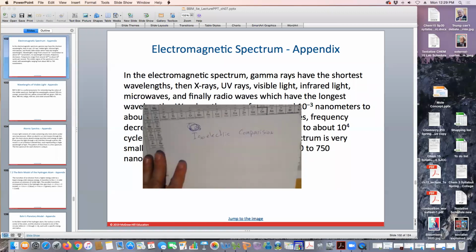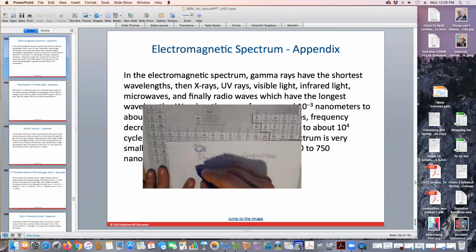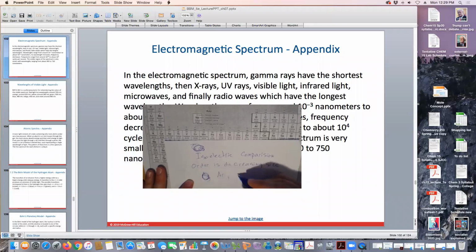Something like rank order in decreasing size: argon, sulfide, potassium, calcium.